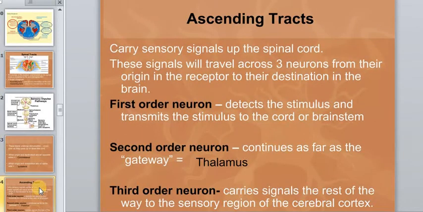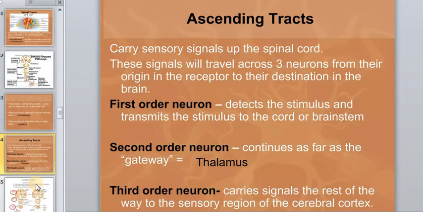So ascending tracts carry sensory signals up the spinal cord. These signals will travel across 3 neurons from the origin in the receptor to the destination in the brain. First order neuron detects the stimulus and transmits it to the cord or brainstem.